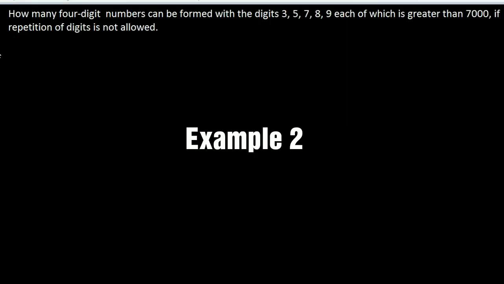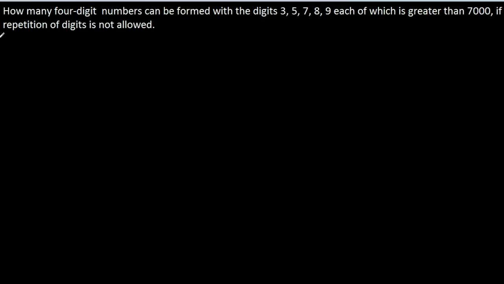Now example number 2: how many 4-digit numbers can be formed with the digits 3, 5, 7, 8, 9, each of which is greater than 7,000, if repetition of digits is not allowed? So the available digits are 3, 5, 7, 8, 9.